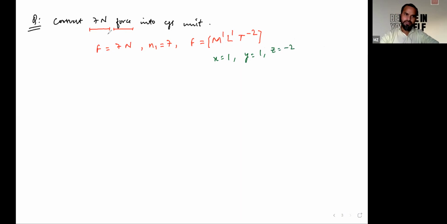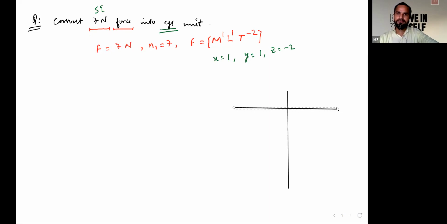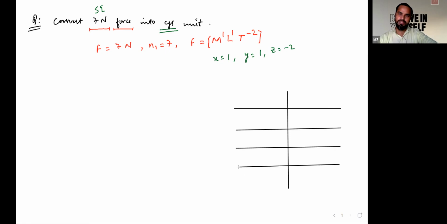So from this question, I have derived this information. Now we have to convert this force, which is initially in terms of SI unit, into CGS unit. So just make a table of conversion like this. On the left hand side, it would be the SI unit, and on the right hand side, it would be the unit in which you have to convert the quantities.